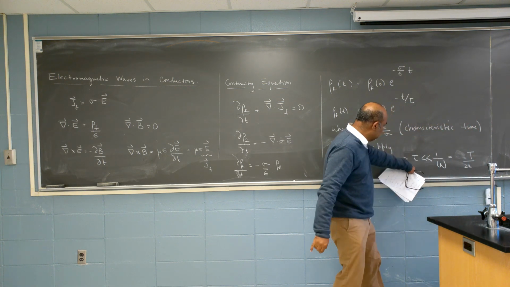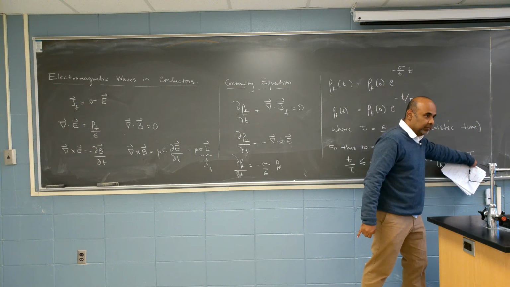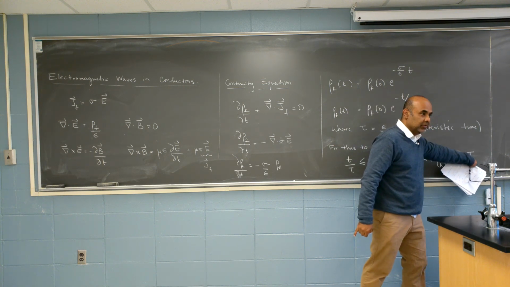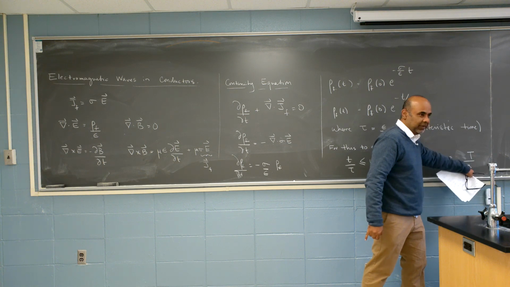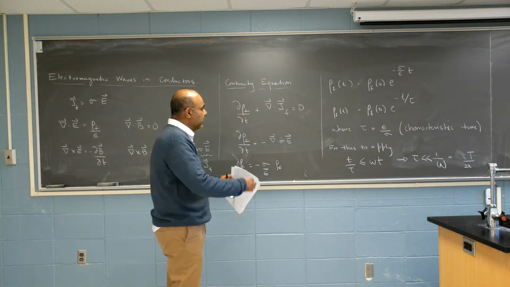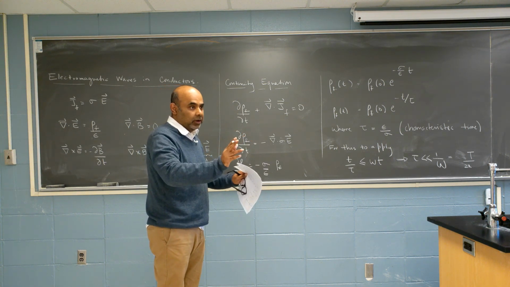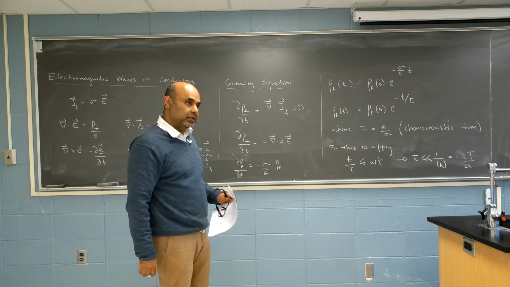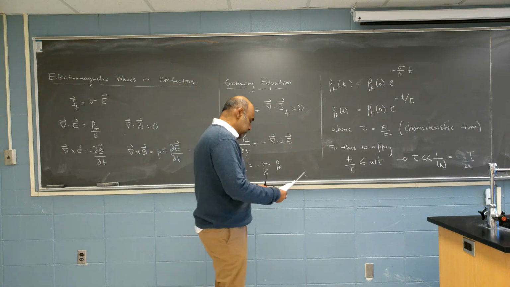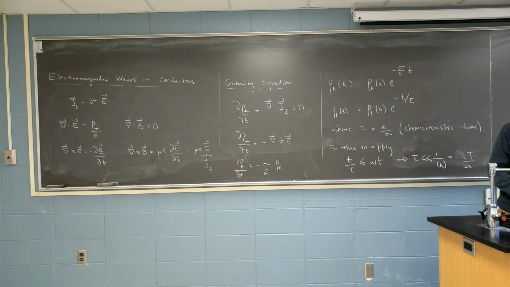So the characteristic time is less than the period of oscillation divided by 2 pi of the electromagnetic wave. Then this result applies, and the free charge, not the current, just exponentially goes to 0. There's a nice constant, I think it's a skin depth.